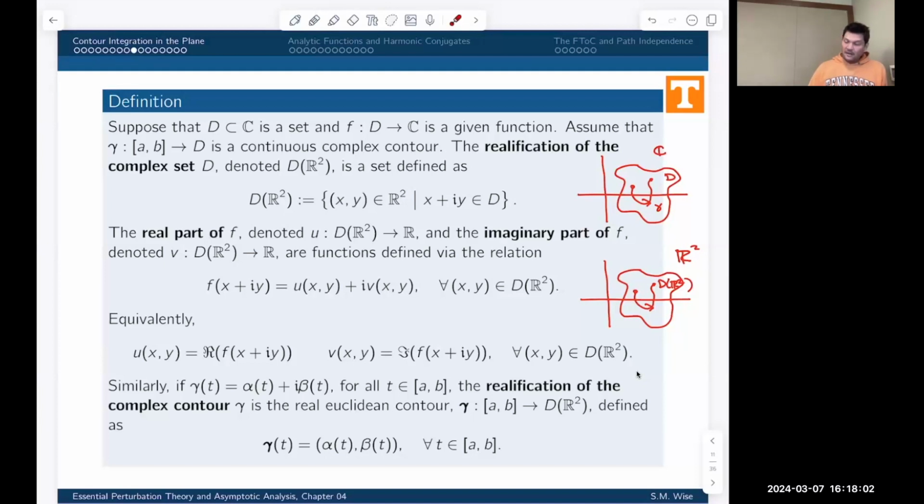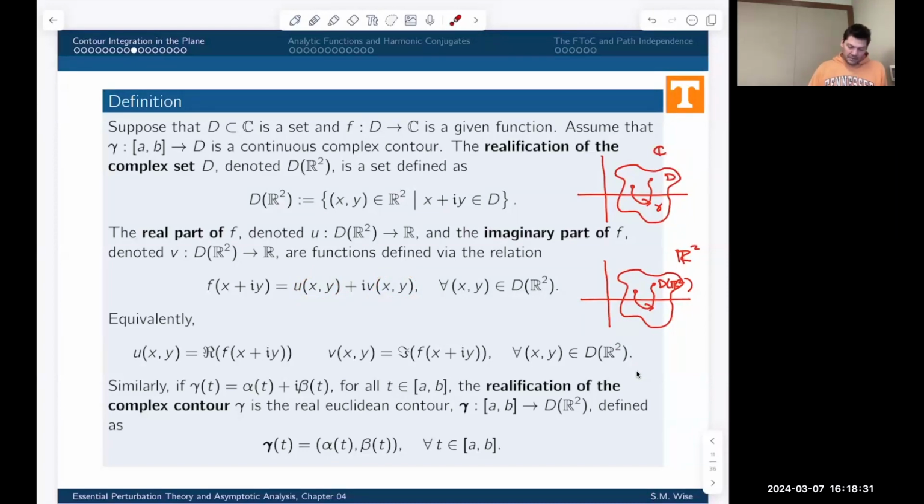So we're going to separate out the value of F after I do this mapping into a real and imaginary part. But we're going to imagine that U takes variables from this realification set D, and also V takes points from the realification set and maps them into R. All right. At the end of the day, these values are just real values once you put the points in.